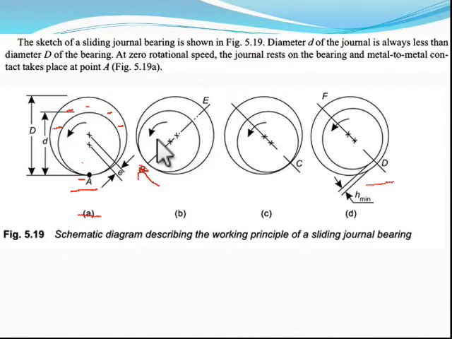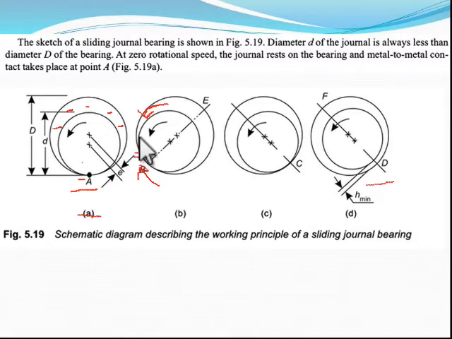As it starts climbing, there is a slight circulation of oil because of the churning effect produced by the rotating journal. And because of the circulation, some amount of oil seeps inside this gap. As soon as this seeps inside the gap, the regime of semi-liquid friction takes over.